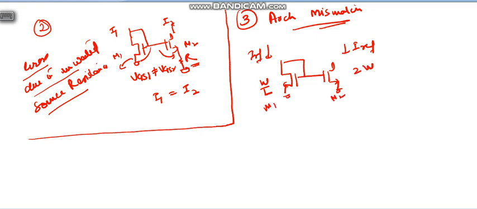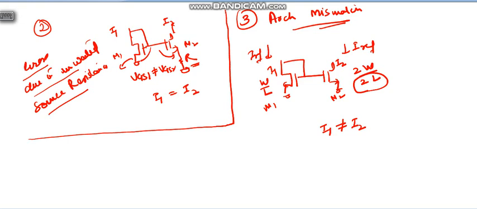This size is 2W by 2L. Now here we can say I1 should equal I2 because the ratio of width upon length is the same, but this will create an issue because the length is different, and because of this I1 is not equal to I2. You can say that the ratio is the same, so both currents should be the same.